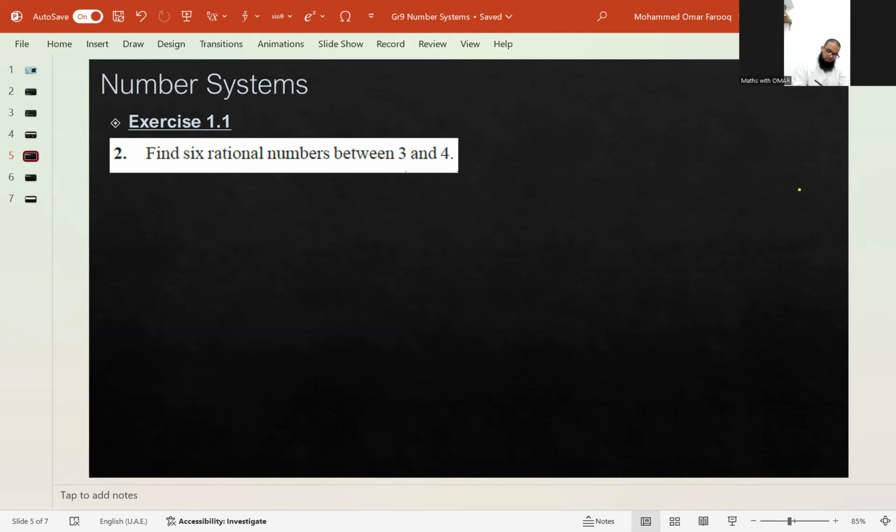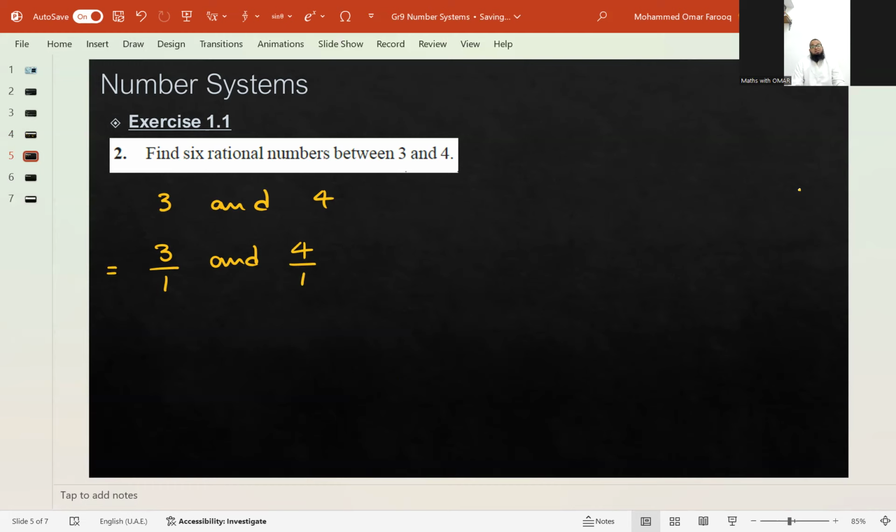And already we know here 3 and 4. Can you write it as 3 by 1 and 4 by 1? Yes, we can write, because whenever you divide any number with 1, it will be the same. But now, my dear students, between 3 and 4, do you have any numbers? No, you don't have any numbers, right?